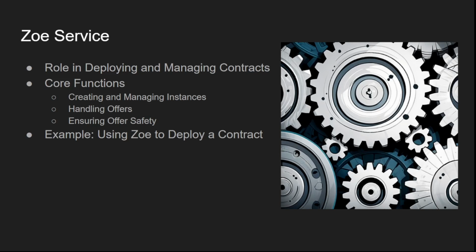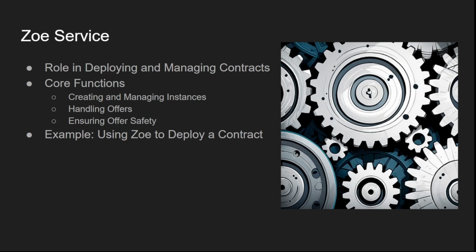Zoe facilitates the entire life cycle of an offer, from submission to acceptance or rejection, ensuring that all operations are handled securely and efficiently. Zoe enforces offer safety, ensuring that offers are either fully executed as proposed or rejected without any changes. This provides a secure and predictable environment for transactions.